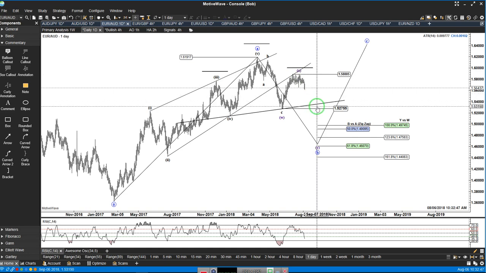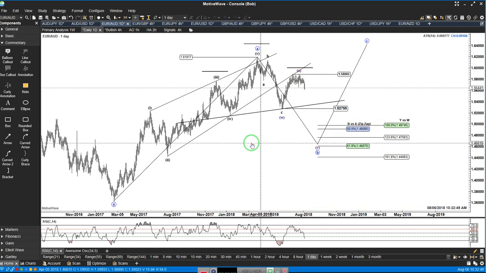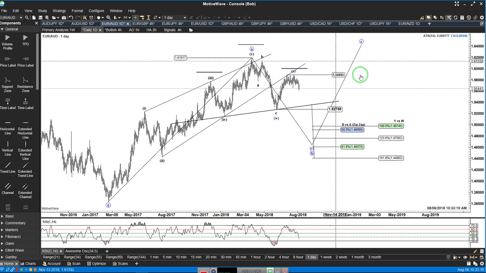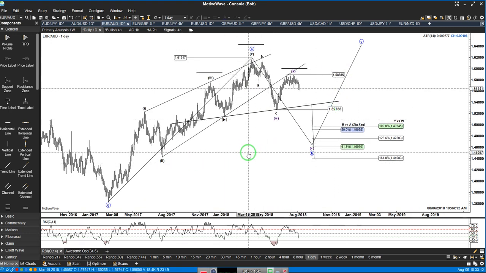So really a break of 52.75, we could see that 46 if we measure that from the head to the neckline, say she breaks right here. Actually comes down to 44 right there by that wave 2. So, and then I would be looking higher from there.